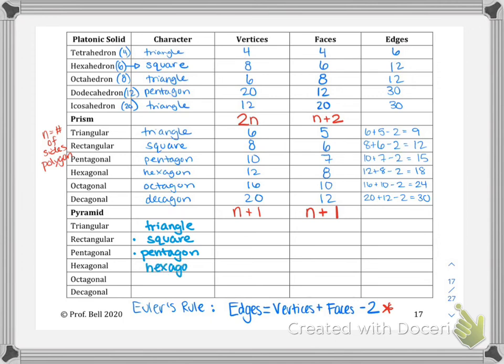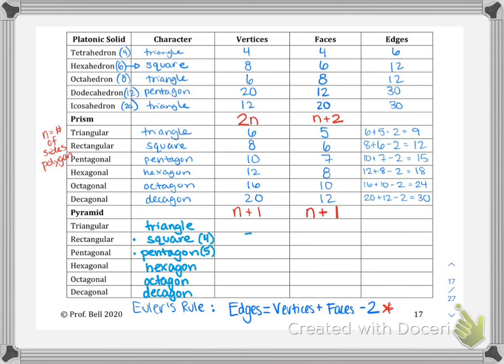Then we would move to a hexagon, an octagon, and finally a decagon. And we can remind ourselves that n is the number of sides on each of the bases. So to remind us, n is 4 for the square and 5 for the pentagon.